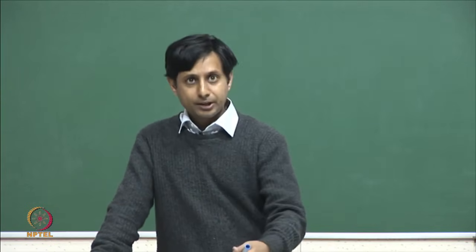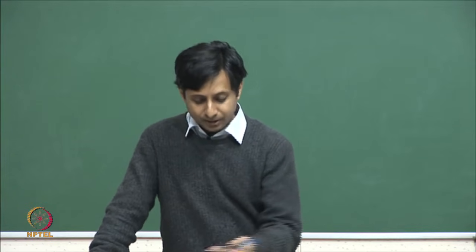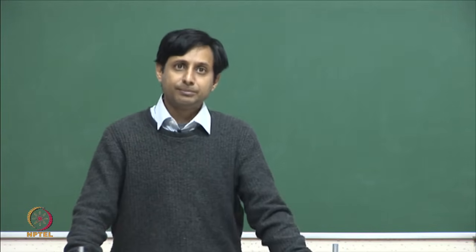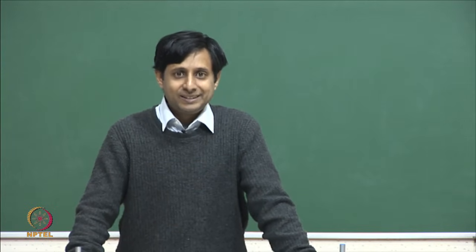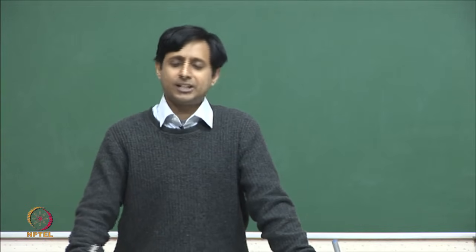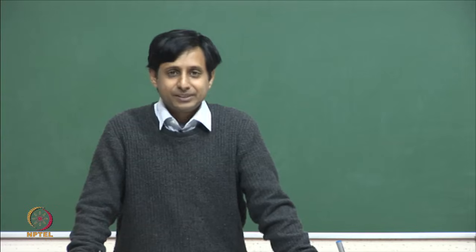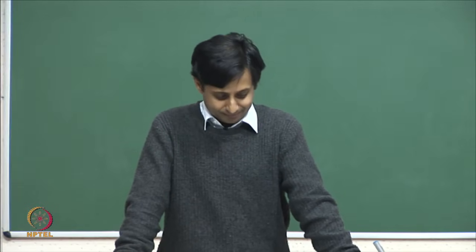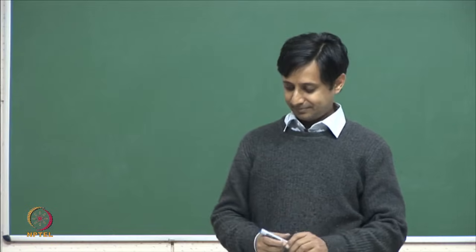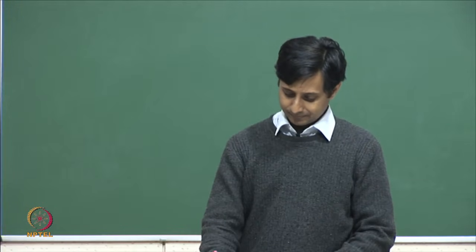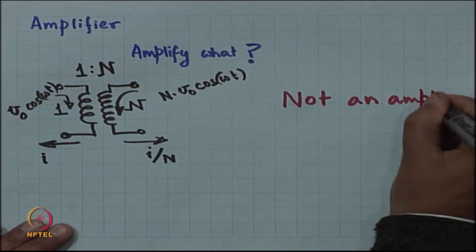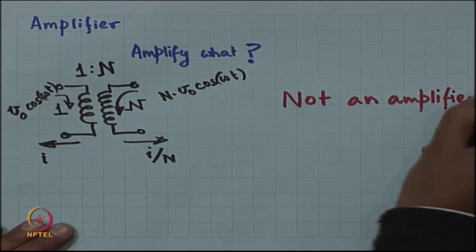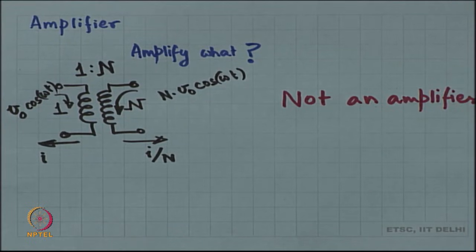So, whatever power you are throwing into the transformer is coming out of the transformer. So, in this case we say that the transformer does not amplify anything, this is not an amplifier. Why?